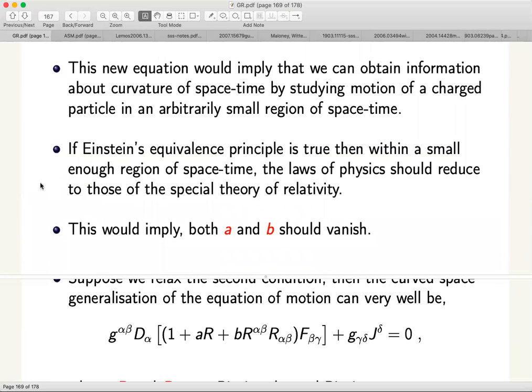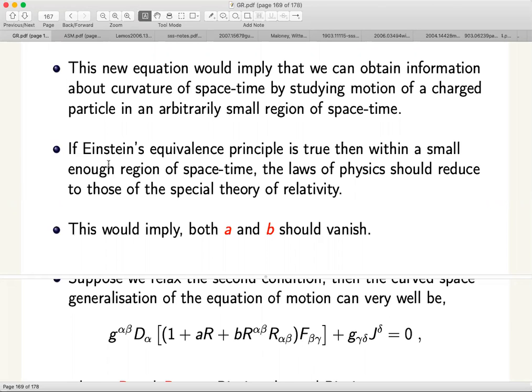Fine. But if Einstein's equivalence principle was true, then in a small enough region, you shouldn't be able to find any way of determining the curvature of space-time. It should really follow the special relativistic equation, and therefore you shouldn't be able to determine the scalar curvature or the second rank tensor curvature of the space-time by just tracking the path of a charged particle in an electromagnetic field.